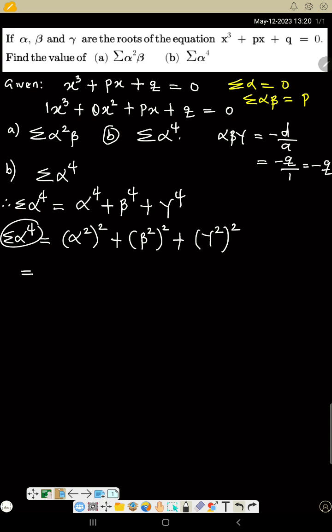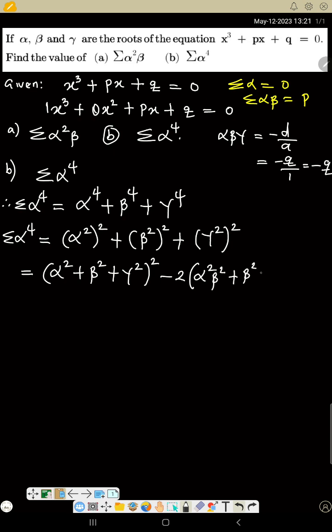So summation alpha 4 now will be, take note of the identities, alpha square plus beta square plus gamma square, everything square, minus 2 brackets alpha square beta square plus beta square gamma square plus gamma square alpha square.